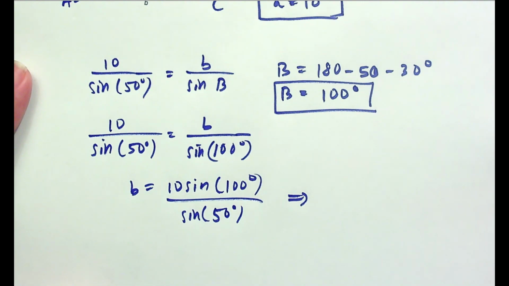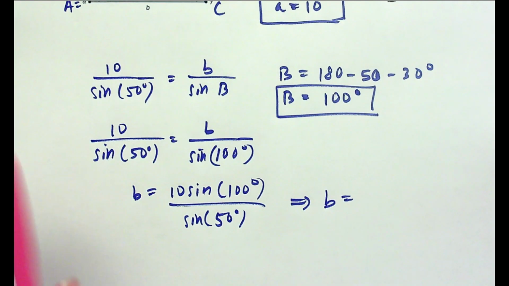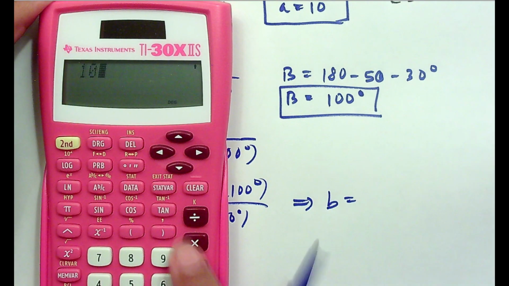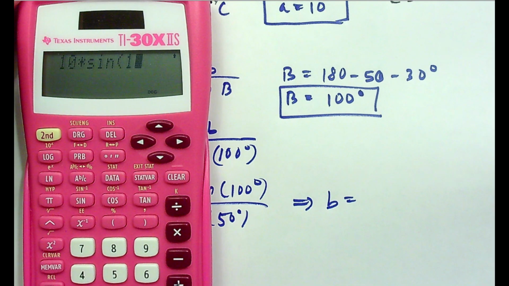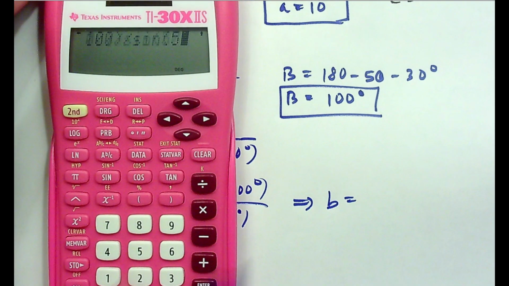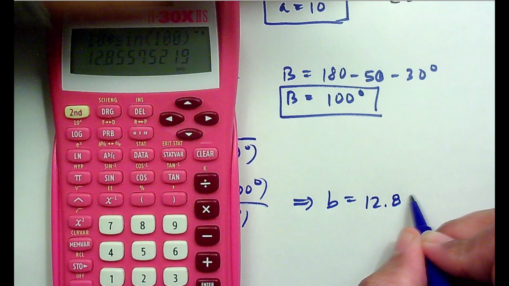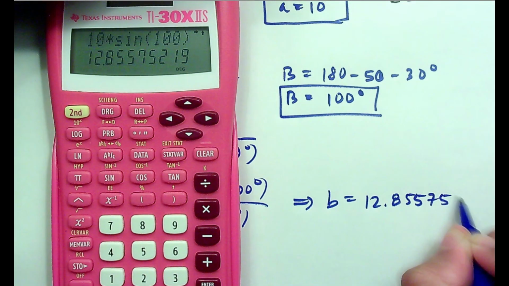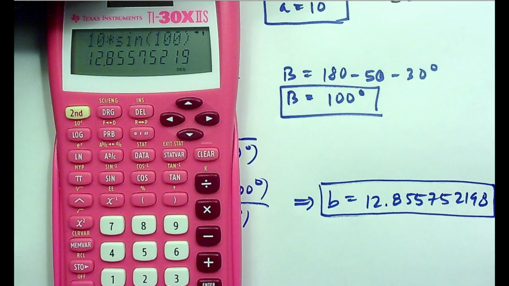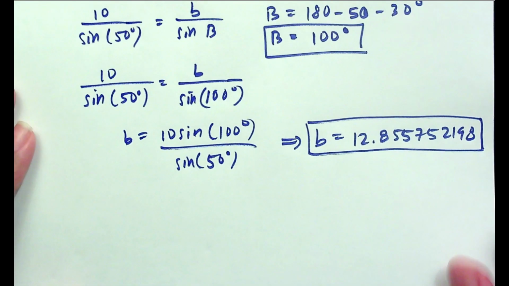And that gives us that b equals, let's put in the calculator, 10 times sine of 100 divided by sine of 50. This is 12.855752198. Okay, remember to copy all the decimals and only round when you're actually done with the problem.